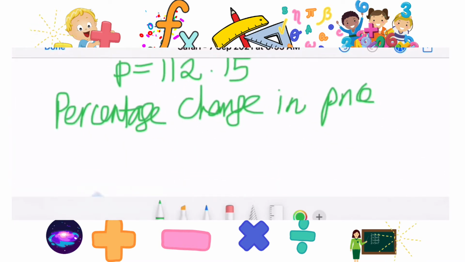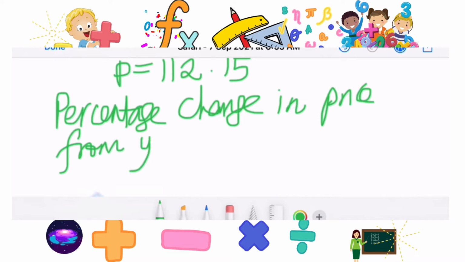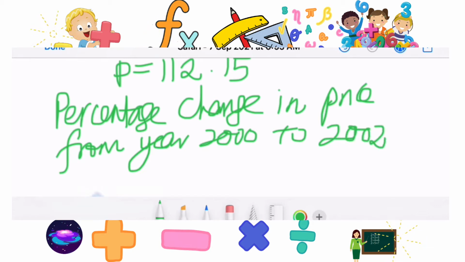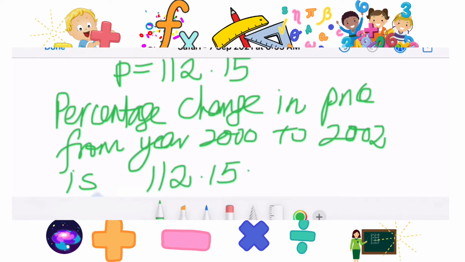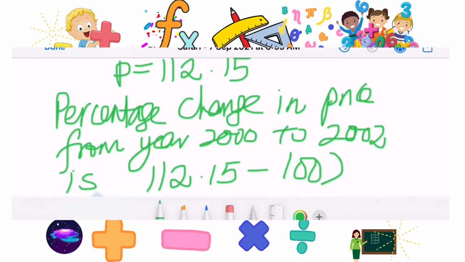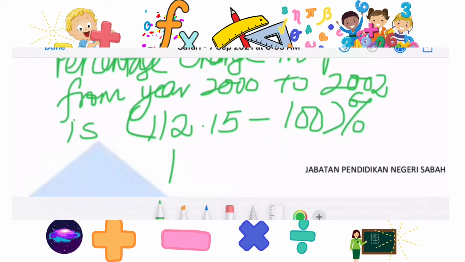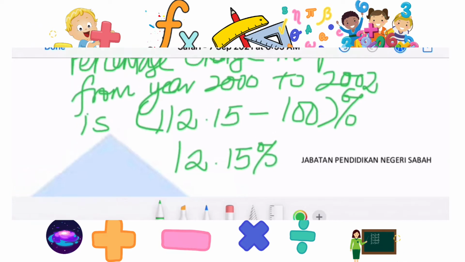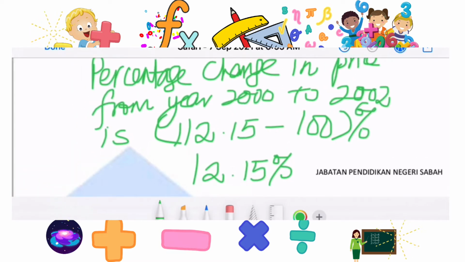We take 112.15 minus 100%. So the answer is 12.15%. So this is the answer for part A. I will continue to discuss part B.